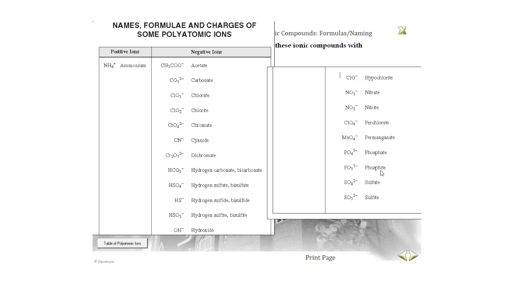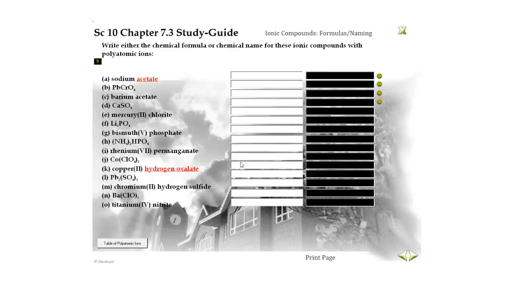Permanganate, phosphate, phosphite. Right. So, if you have to write the formula for sodium acetate, you can check your sheet for what acetate looks like, but it's basically CH3COO with a charge of -1. If you take organic chemistry, you'll see why it's written the way it is. It's referring to a structural arrangement of that molecule.